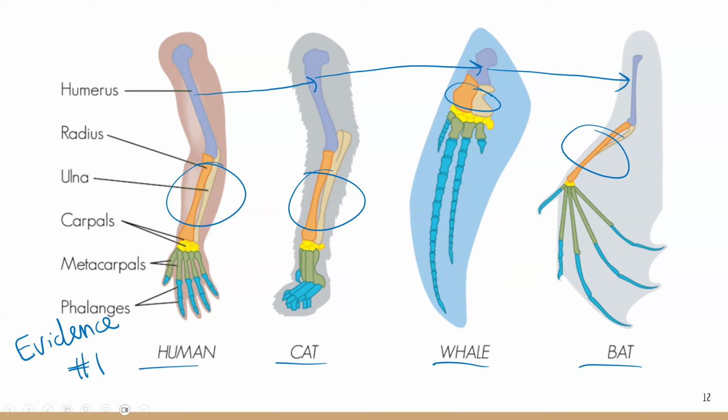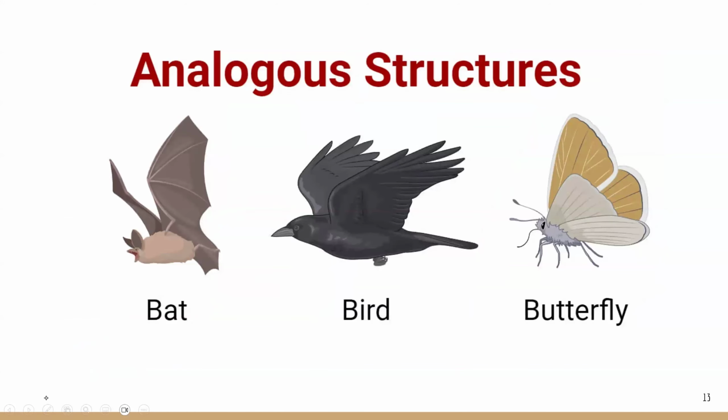Now, if we compare this to analogous structures, we have the wing of a bat, the wing of a bird, and the wing of a butterfly. They all have the same function where they help the animal fly, but there is no evolutionary connection between them.